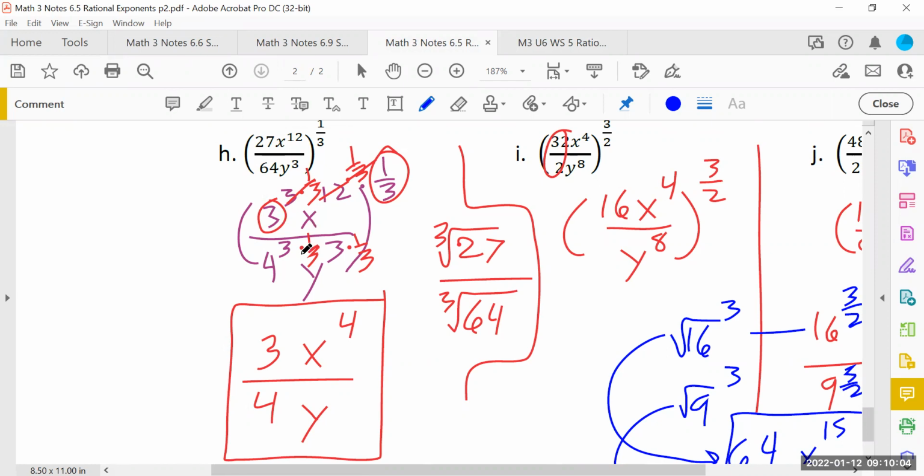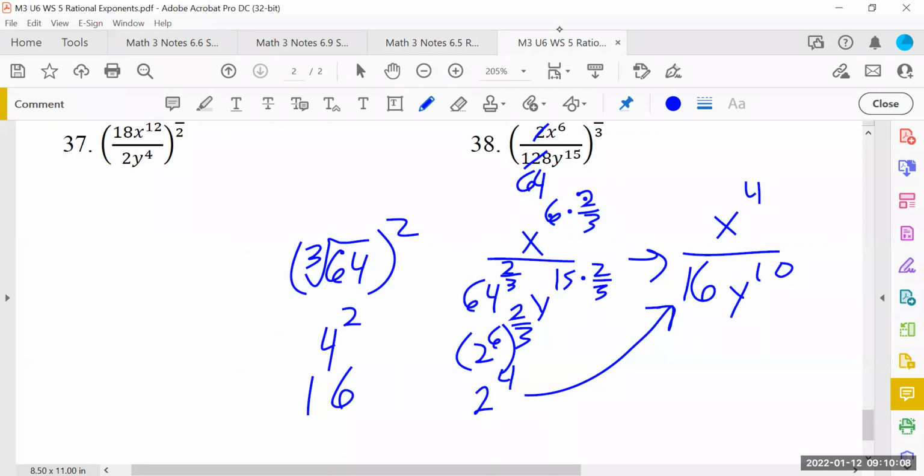Does that make sense? And that's what I did here. I can write that 64 as 2 to the 6th power and do 6 times 2/3. Does that make sense? So as long as you get an exponent, then you can multiply. So as soon as one of them comes back, you can go.